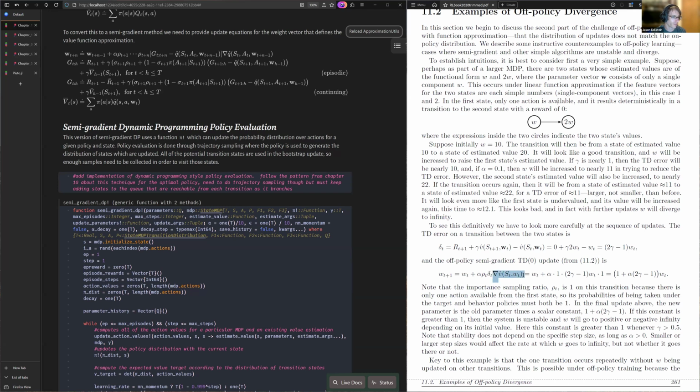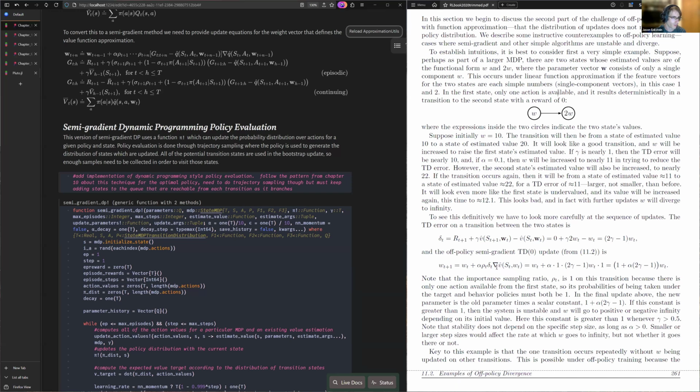Yeah, so again, this gradient term is going to be just 1, right? Because the estimate here is just W. And then the importance sampling ratio is 1 because there's not even multiple actions here to consider.